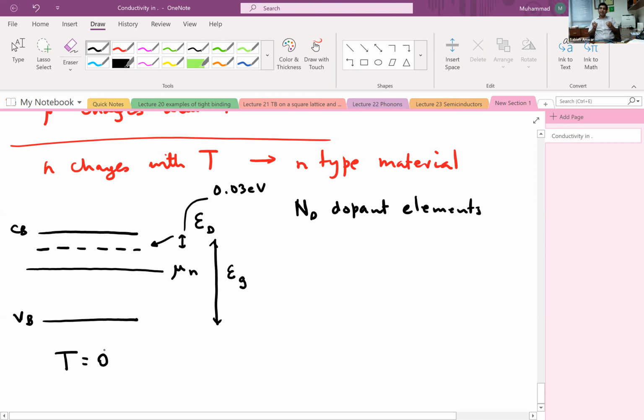In fact, all the donor levels are going to be occupied as well, because the thermal energy is not even enough for the electrons to cross the barrier EC minus ED. Even this is larger than kBT because the temperature is 0 itself.